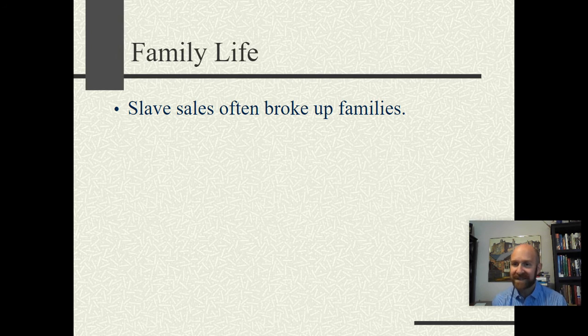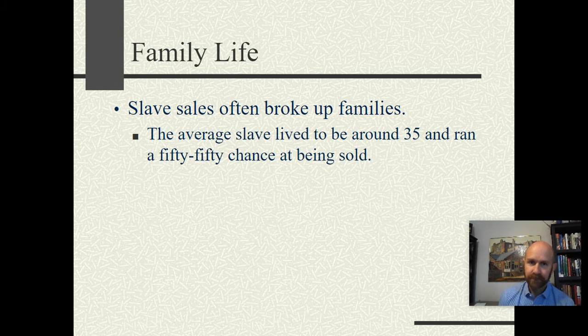The extended family became so important because if you're a kid and your parents got sold, or you got sold, you would have to rely on an aunt or an uncle or a cousin to help raise you. It really instills the importance of family in situations like that. The average slave lived to be around 35, and literally ran a 50-50 chance of being sold at least once in their lifetime.